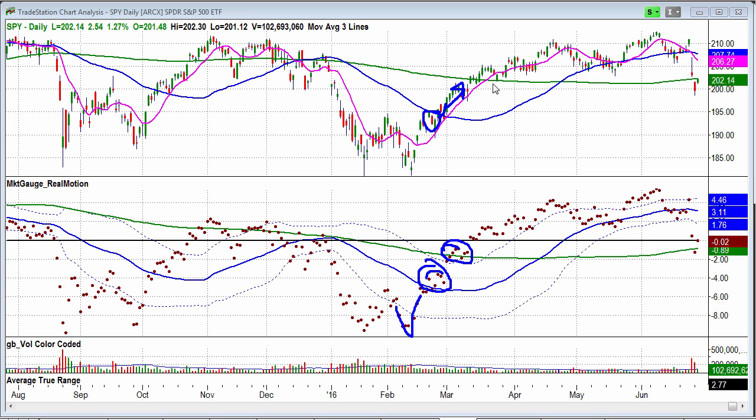So then when you pull back to the 50 in terms of price, you ideally want to see the momentum hold the 50. In this case, it pretty much did the same thing as the SPY. So it's confirming that had this broken down, it would have been weak. Now, what just happened? Well, the momentum on the SPYs has pretty much confirmed the action of the price in the SPYs.